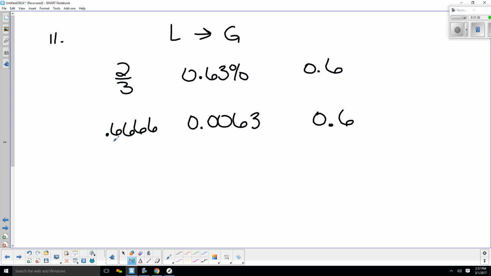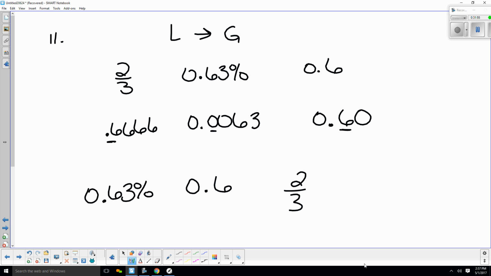So now when I look at the smallest 10th place, that's this one. So changing it back to the original form is 0.63%. My next smallest, these both share the same 10th position, but when I go to the 100th, I have a 6 and a 0, so this is my smallest. And so that makes 2/3 my largest between those numbers.